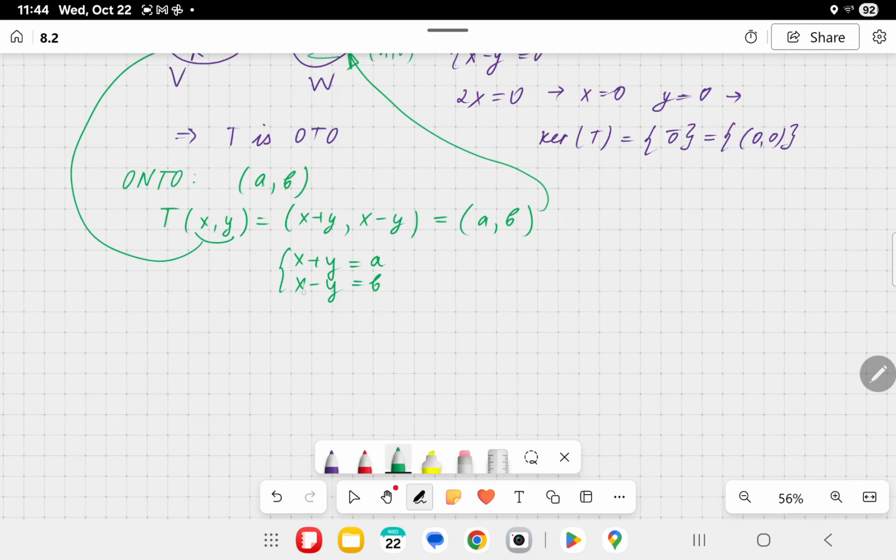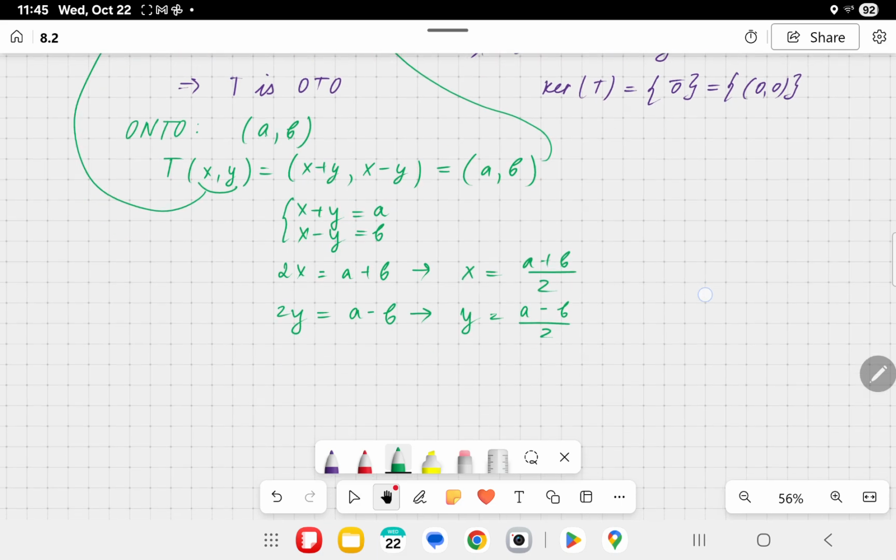Okay, so I'm going to add these two equations. 2x equals a plus b, from where x equals (a plus b) over 2. Now, I'm going to subtract my second equation from the first one, and I'm going to have 2y equals a minus b, from where y equals (a minus b) over 2.